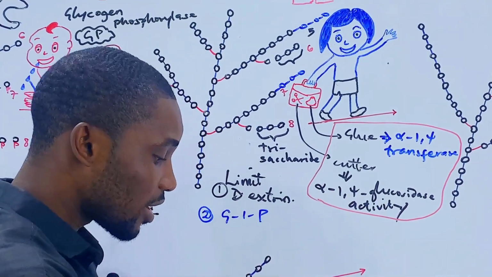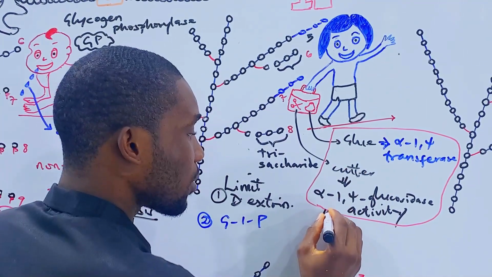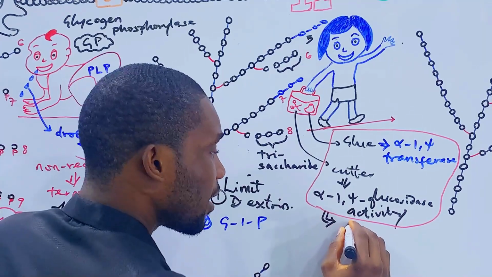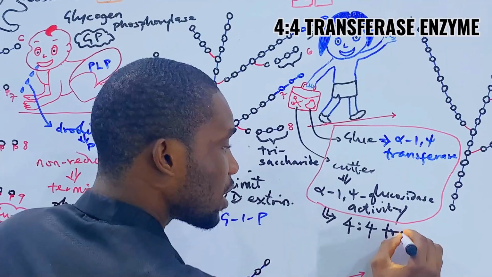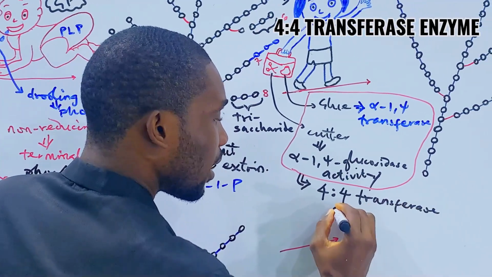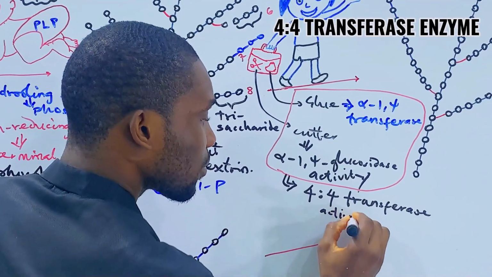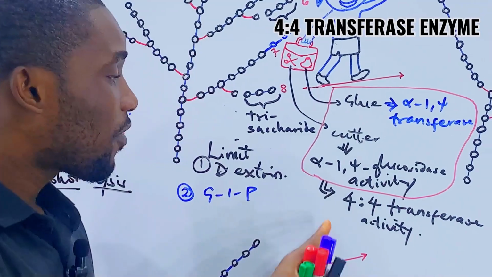So the whole box consists of the cutter and the glue. So we can say by default that the box, mother's box, has a 4,4 transferase activity. So the name of the enzyme is a 4,4 transferase.